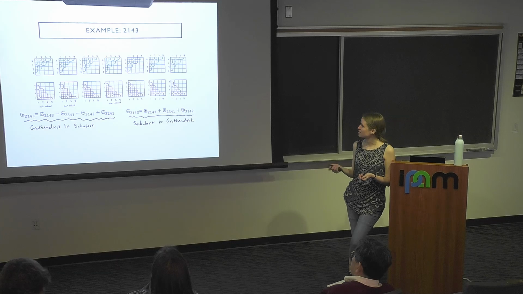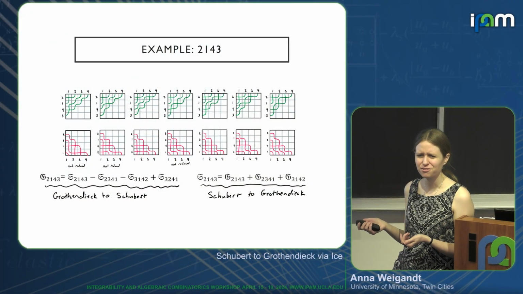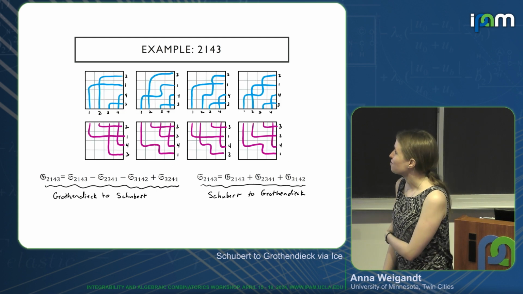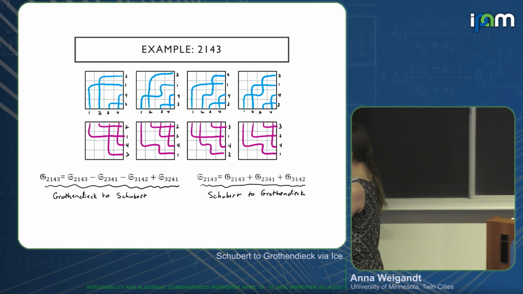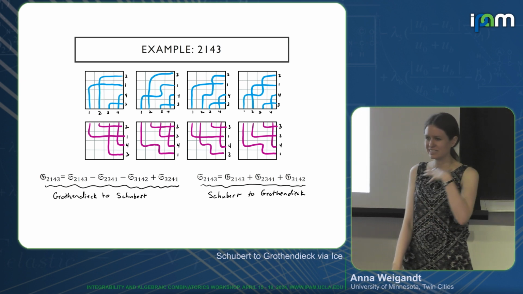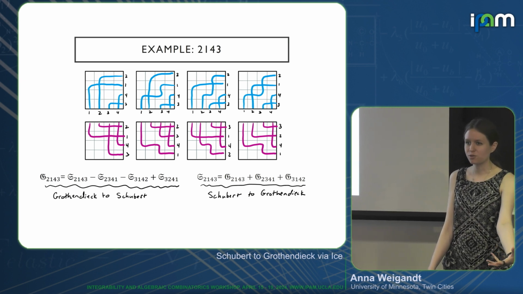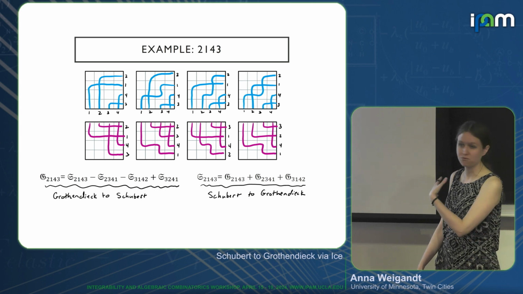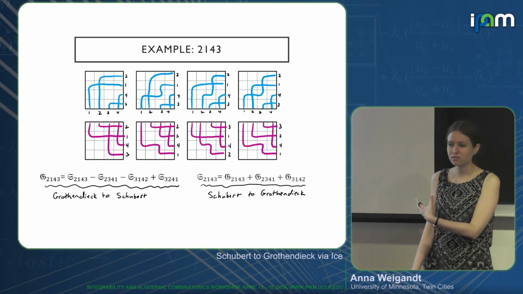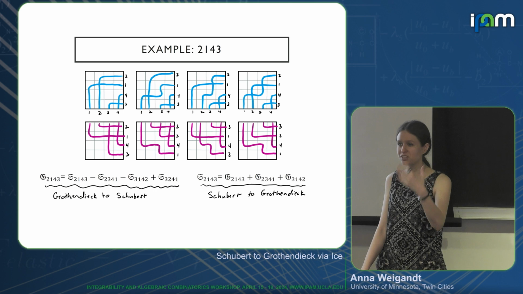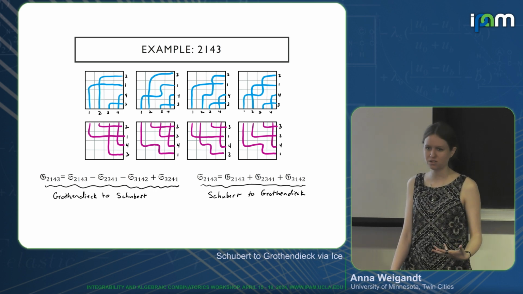Okay. So I've just been using 2143. It's my favorite example, and it's an involution, and I shouldn't use it so much, but I do. Okay. But in terms of the bumpless pipe dream world, well, we had 7 pipe dreams to shuffle through. We only have 4 bumpless pipe dreams to worry about, because each bumpless pipe dream is contributing several terms to K-theory.